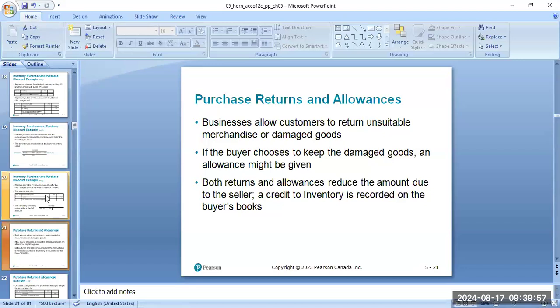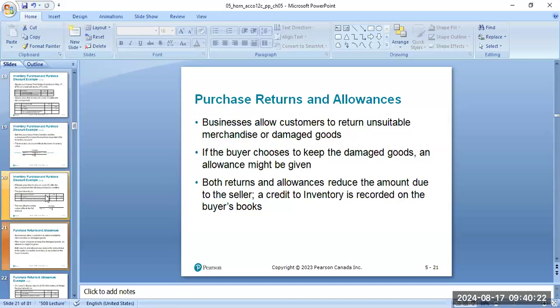The other option is you go there, you want it, you like it, but it's damaged. So you're asking for an allowance. In that case, you keep the item, but they give you an allowance, which is going to reduce the amount that you have to pay the seller.